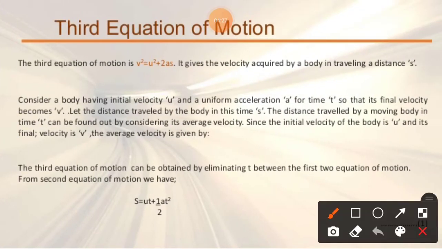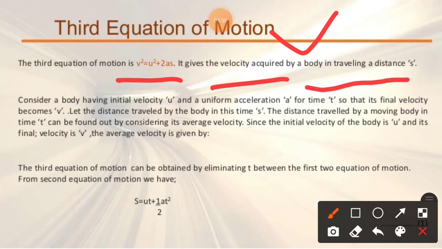Now the third equation of motion: v² = u² + 2as. It gives the velocity acquired by a body in traveling a distance s. We can derive the third equation of motion through the first and second equations of motion. Consider initial velocity u, final velocity v, acceleration a, and time t.